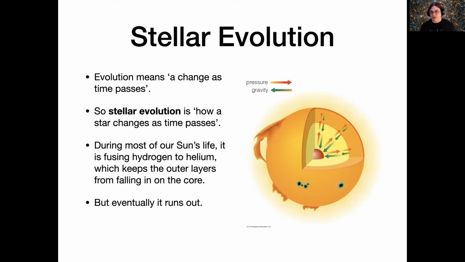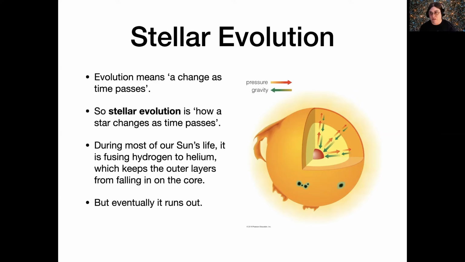It's balanced. Gravity is trying to push everything in, but the thermal pressure, the hot gas that's constantly colliding with itself, is pushing back. It's inflating it. So for a main sequence star, this is pretty much balanced because the core is keeping everything nice and hot, preventing gravity from pulling everything in.